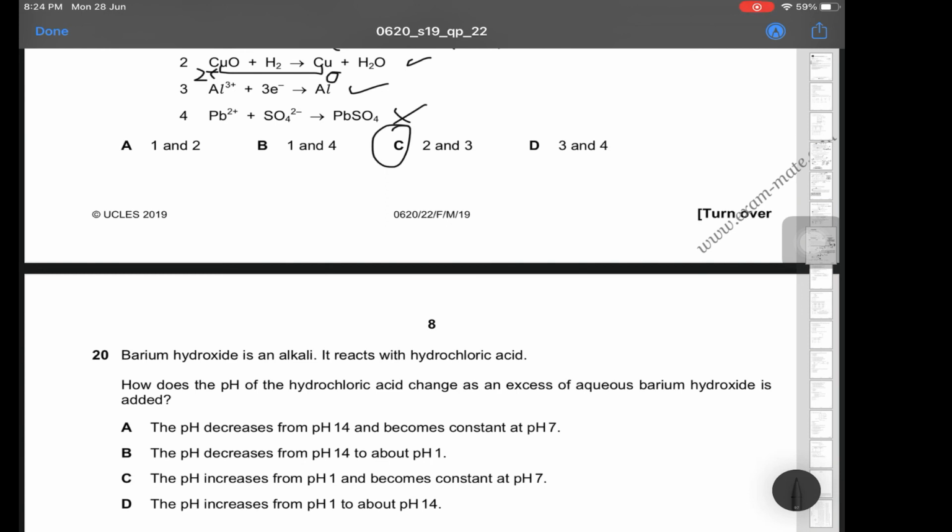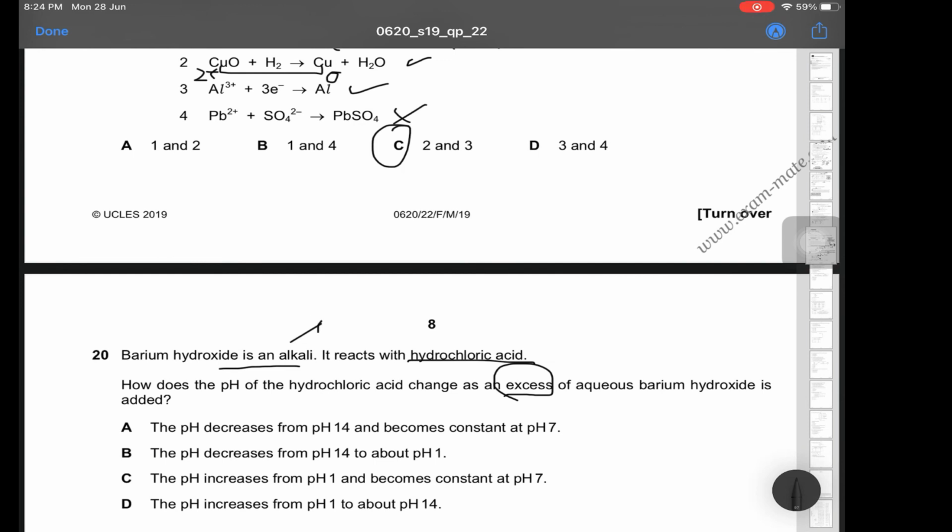Now, for question number 20, this involves neutralization reaction knowledge. So let's look at the details. Barium hydroxide is an alkali and reacts with hydrochloric acid. And how does the pH of the hydrochloric acid change as an excess of aqueous barium hydroxide is added? As you know, barium hydroxide is an alkali, which causes the pH number to increase.